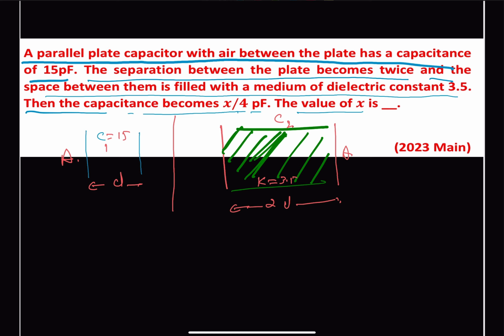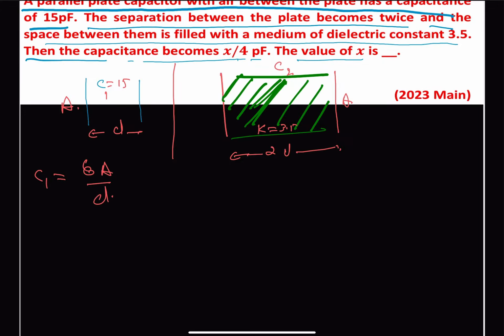So from here we can say our C1 will be equal to epsilon naught A upon D, and C2 becomes epsilon naught A, the distance becomes double, and we have a dielectric constant K, given as 3.5, divided by 2, and this becomes epsilon naught A upon D. And this epsilon naught A upon D is nothing but our C1.